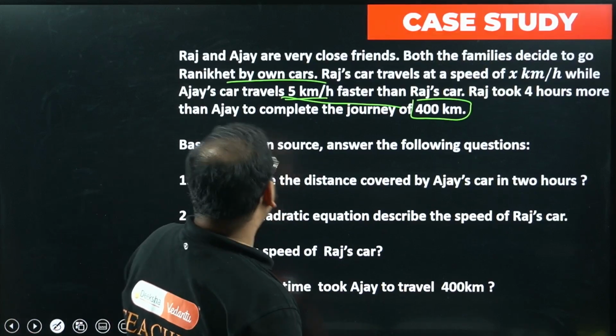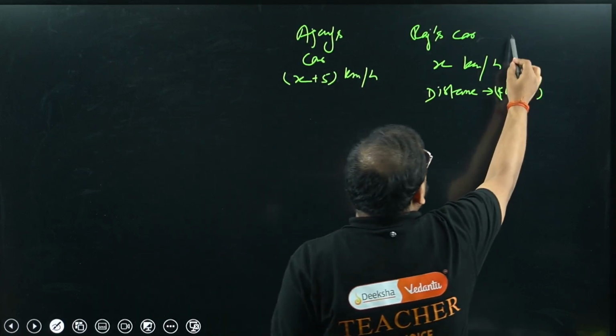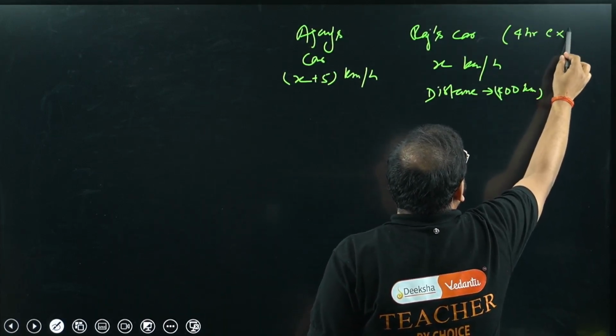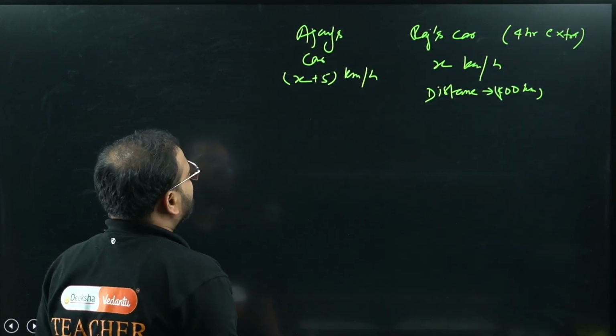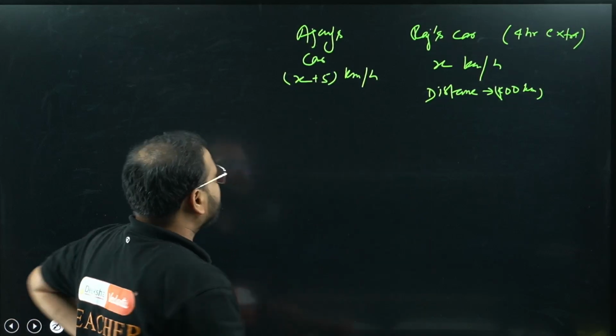Raj took 4 hours more than Ajay, which means he is taking 4 hours extra because he is driving slower. Let's find the time.